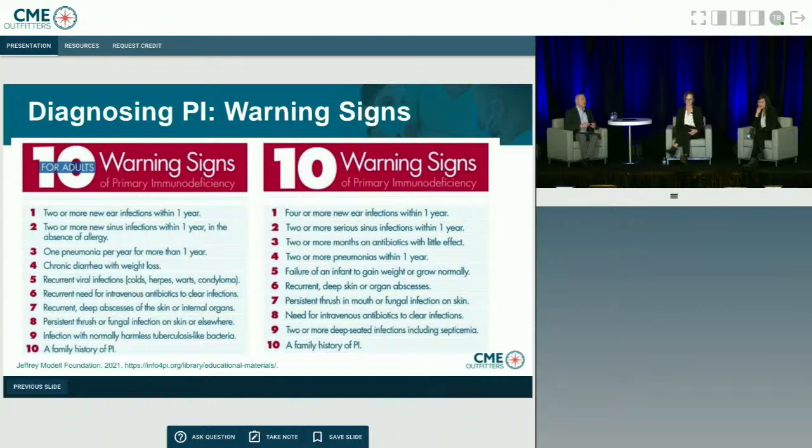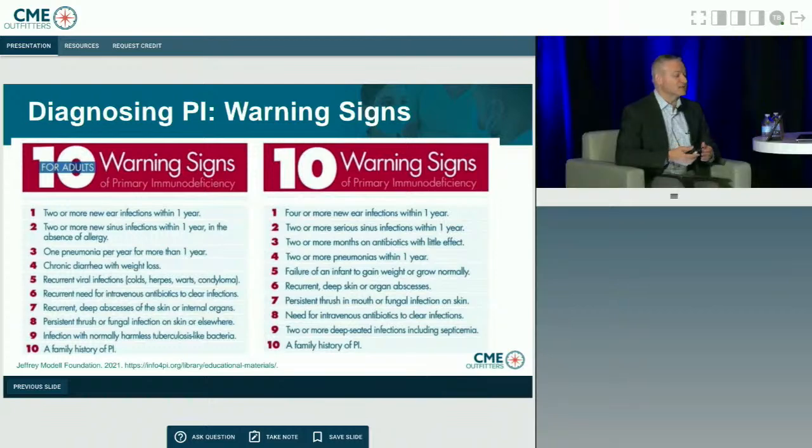And one of the patient advocacy organizations in the United States, the Jeffrey Modell Foundation, recognized that. And what they did is put together a list of suggestions of when to think about primary immunodeficiency in either clinical practice or when a family or a patient might want to think about asking their physician to consider primary immunodeficiency as a diagnosis.